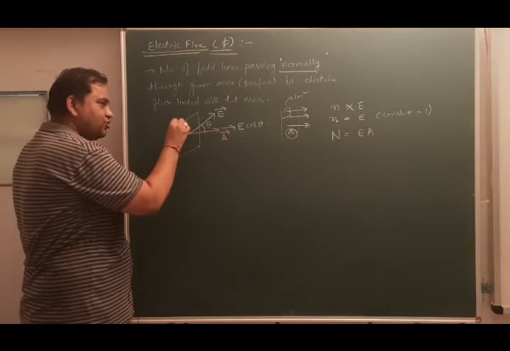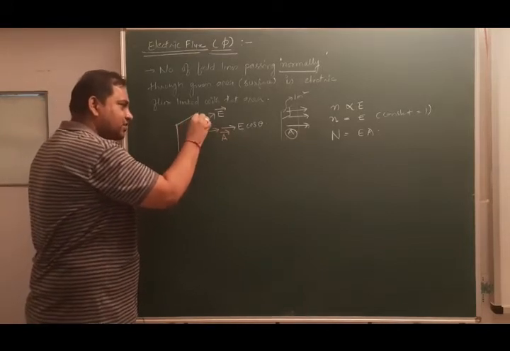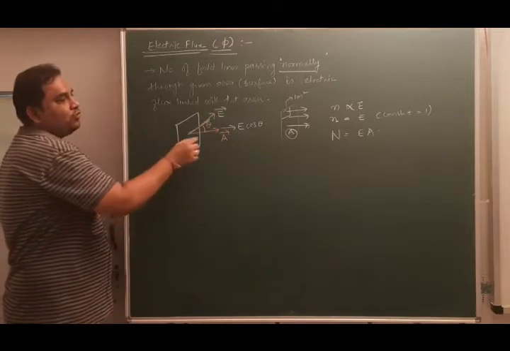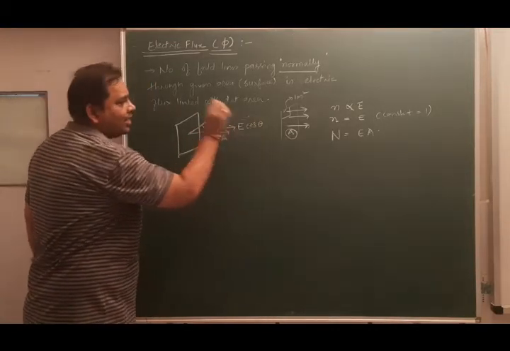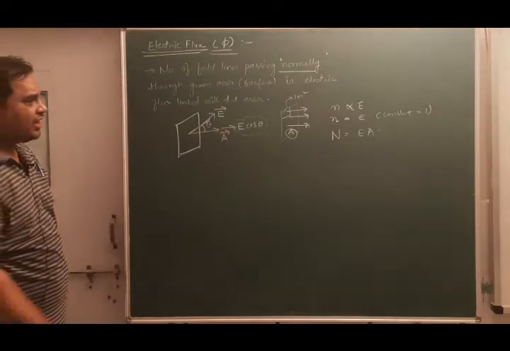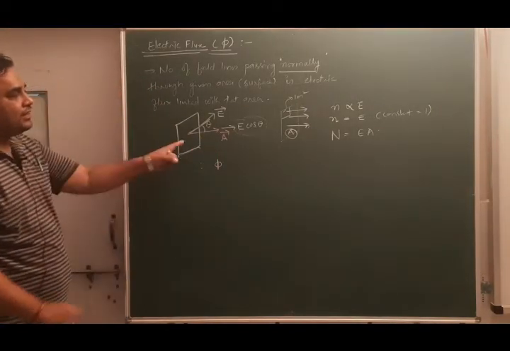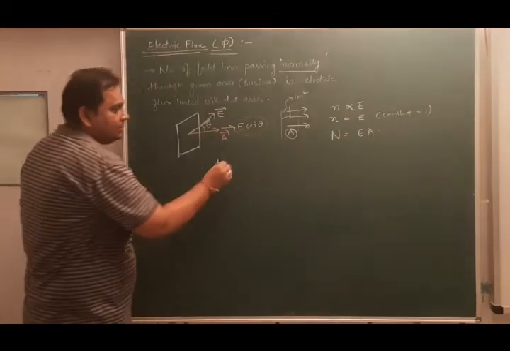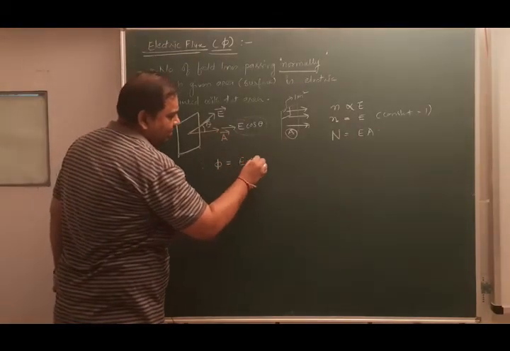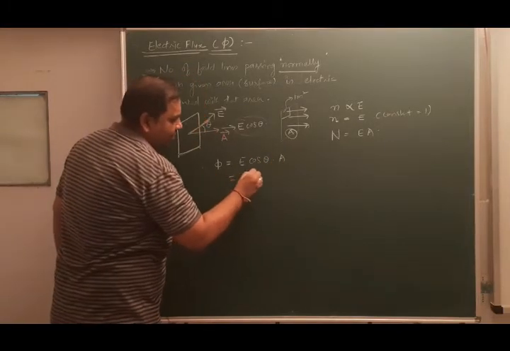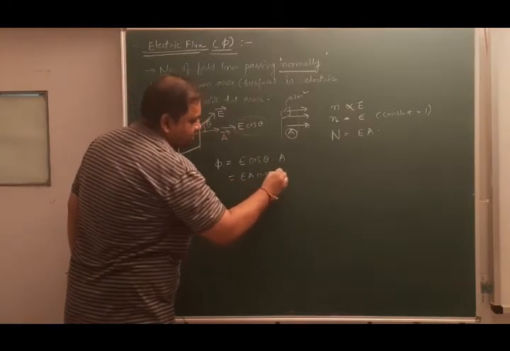मतलब कि अब ये जो हमारा सरफेस है इस सरफेस में से जो टोटल फील्ड लाइंस नॉर्मली बाहर आ रहे हैं they will be equal to E cos theta, and therefore in this situation the flux that is linked with this surface will be given as E cos theta into A, or in other words it is EA cos theta.